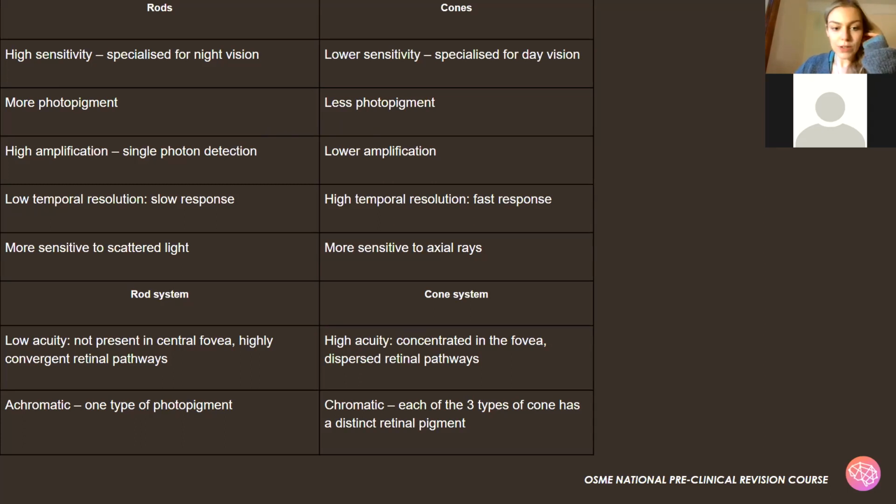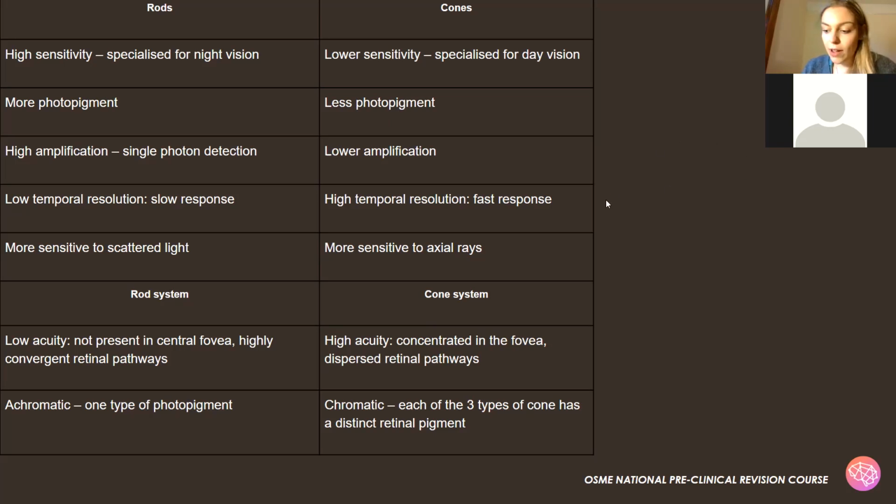And if you want an interesting clinical point for essays, colour vision affects these pigments. Deuteranomaly is the most common colour blindness, and this is an abnormal wavelength pigment of the middle green wavelength pigment, and protanomaly is the abnormal red wavelength pigment, and these defects are all X-linked, which is why they're rare in females.